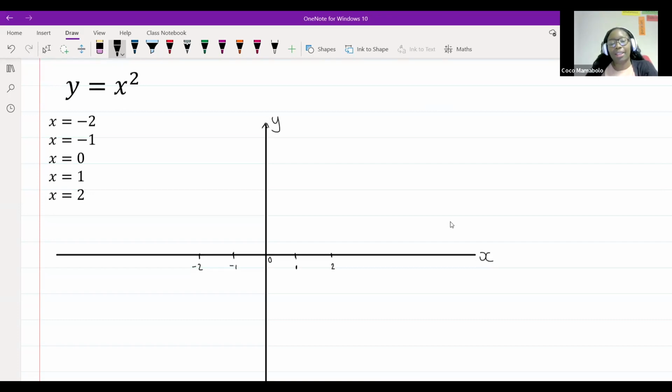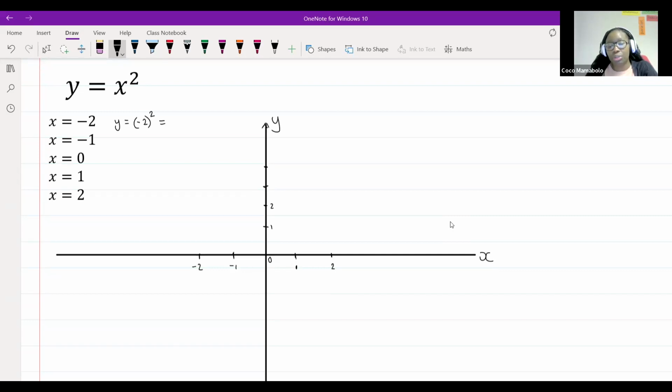So if my x is -2, my y value is going to equal -2 all squared. What does that give me? -2 all squared is not going to be negative, remember.